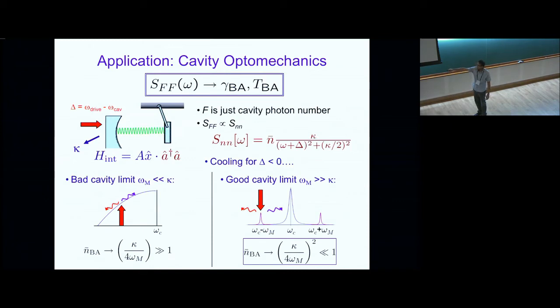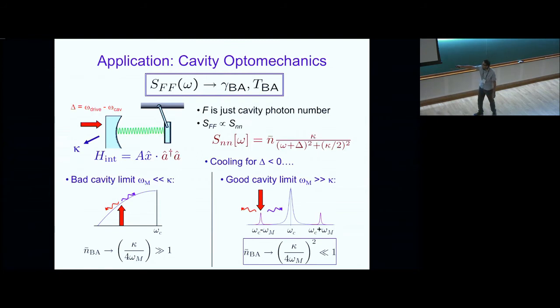It's given by the ratio of kappa over omega m with this factor of 4. So in that regime where the mechanical frequency is small, this same cavity, it's always the same cavity, has a very, very high effective temperature. It has a very high thermal occupancy as seen by the mechanics.